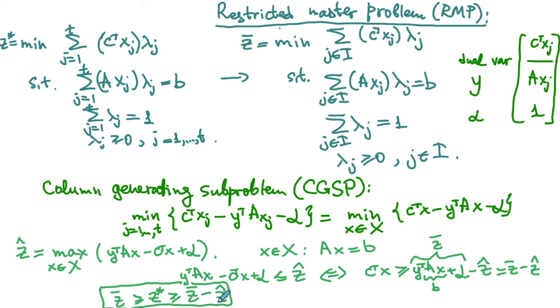According to this inequality, z hat is very useful in determining how far we are from the optimal objective value at the current iteration, and in particular, when z hat is equal to 0, we can clearly see that we close the gap and we obtain the optimal solution to our problem.